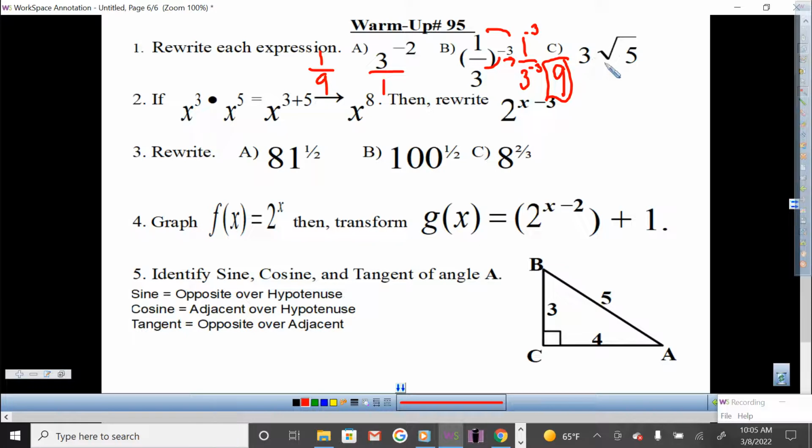Let's look at 1C. This one's already simplified, but they want us to rewrite it, which means we need to bring it back to the way it was. So question. This is a factor. If this was inside of the square root, think about that. What number, if you take the square root, gives us 3? What number, if we take the square root of that number, gives us 3? 9.